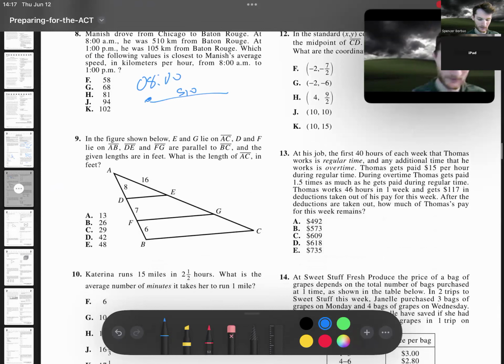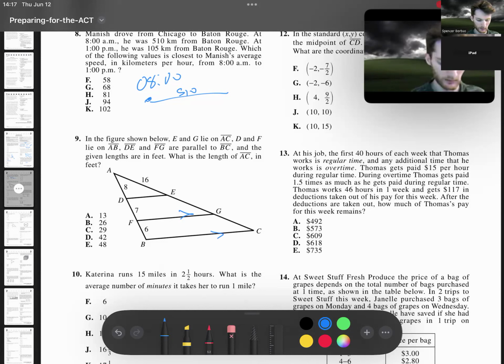In the figure, E and G lie on AC, and D and F lie on AB. Yeah, I can see all of that. Oh, FG and DE are parallel to BC. I forgot what the parallel symbol is.